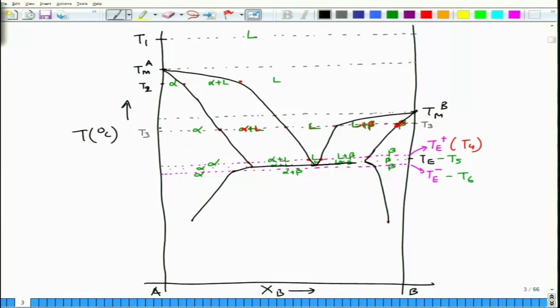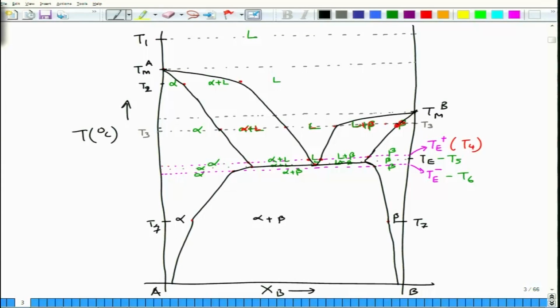Up to this point liquid and beta coexist and liquid and solid coexist. After this line only solid phases coexist, and within this region, if you can take this further down, it will come like this if you had more free energy curves. So this is at T7, alpha, alpha plus beta and beta.